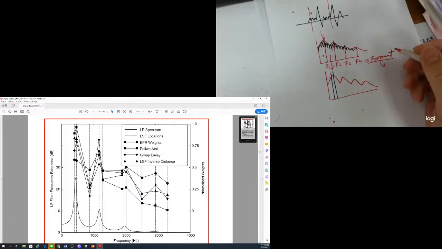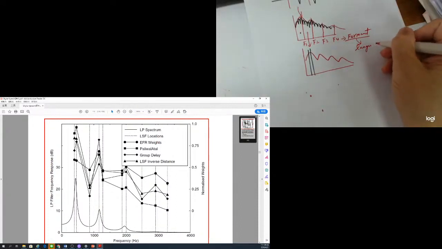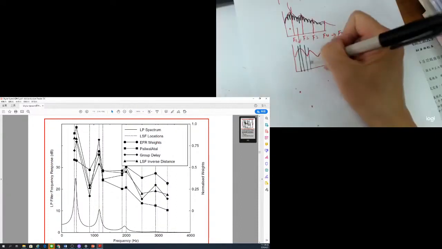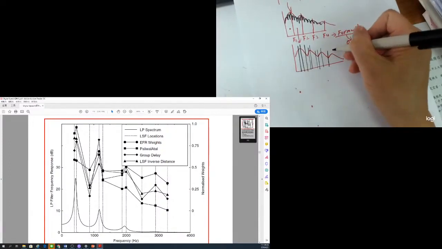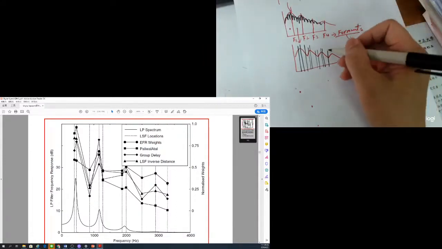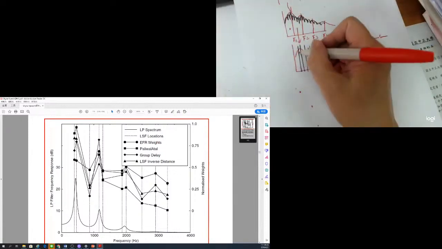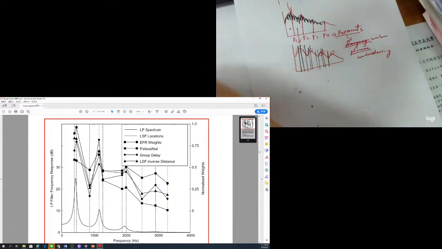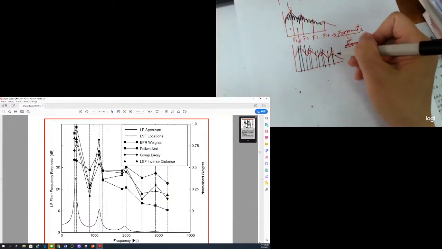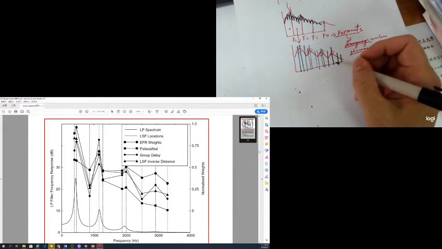Why do we call them formants? A formant is related to linguistics. So for the line spectrum pair coefficients, you can see once your frequency is close to the peak point, so this one, and this one, and this one, will be highlighted, and the other coefficients we do not highlight.